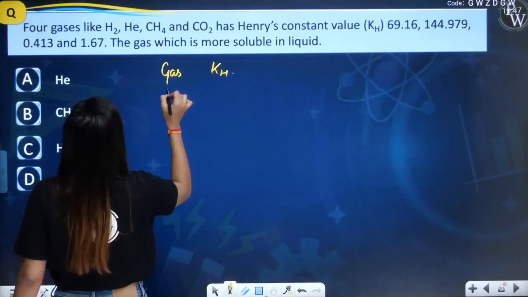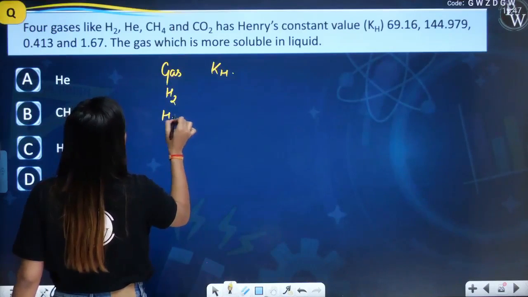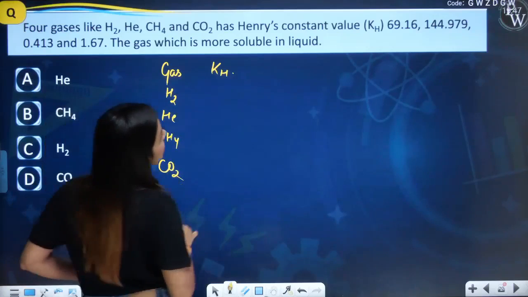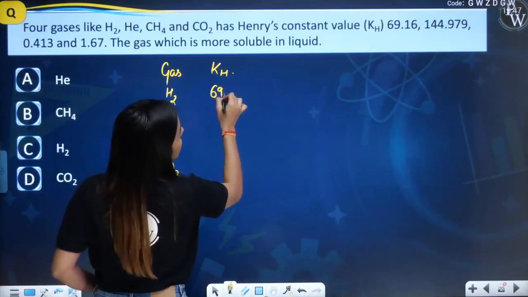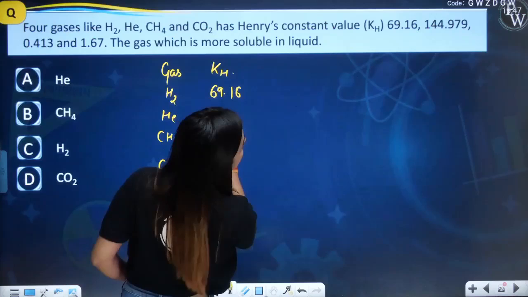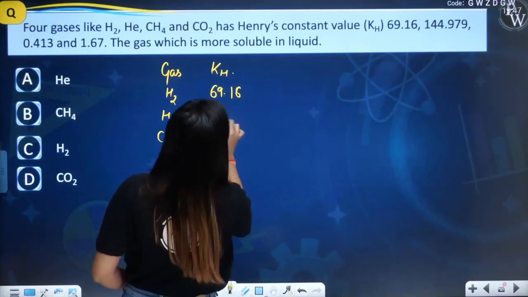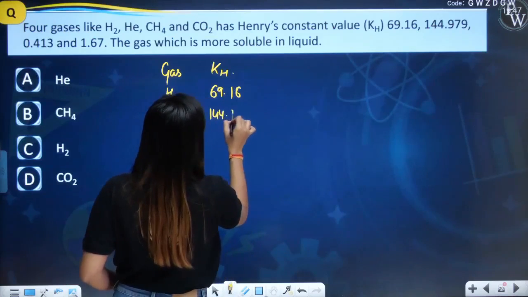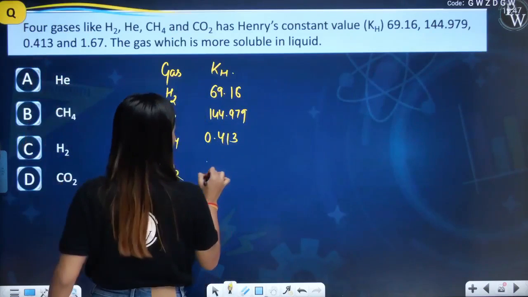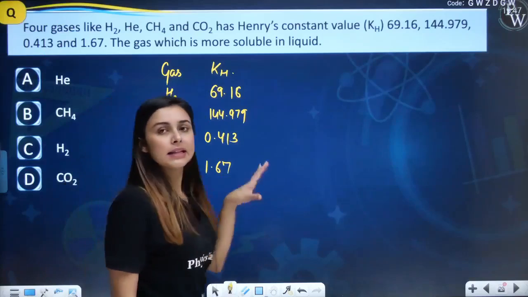Okay, you have H2, then helium, then CH4, and then CO2. What are the KH values? 16, then 144.979, then 0.413 and then 1.67. Right? These are the KH values.